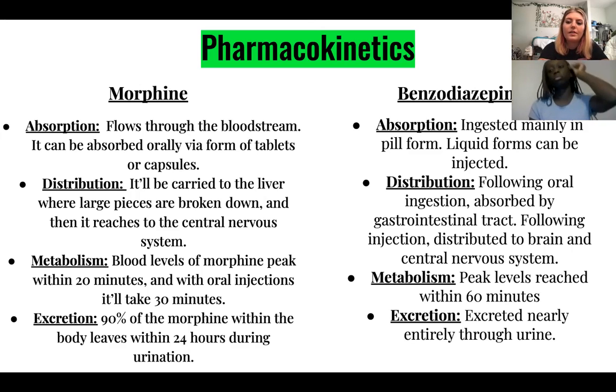If someone does take it in pill form, a common benzodiazepine being Xanax, it's absorbed into your gastrointestinal tract. But if you inject it, similar to morphine, it goes to your central nervous system and your brain. Within 1 hour, the peak levels are reached. And again, similar to morphine, it's excreted nearly entirely through your urine.